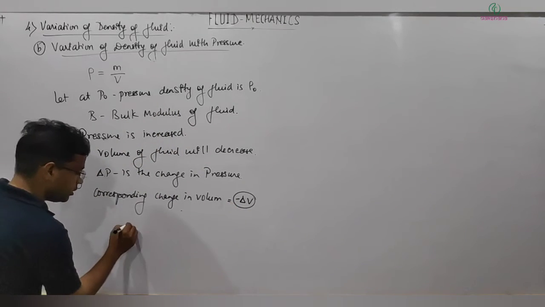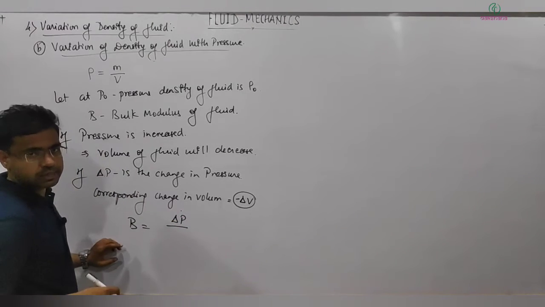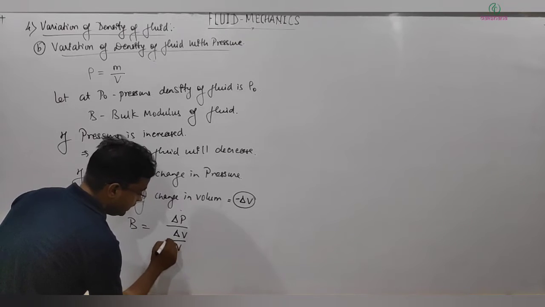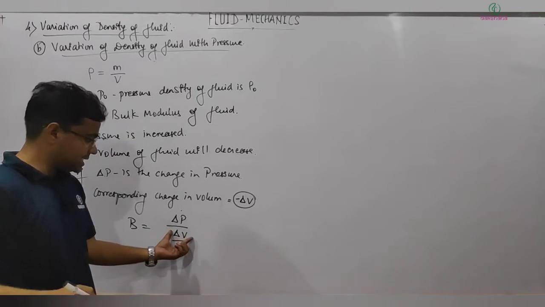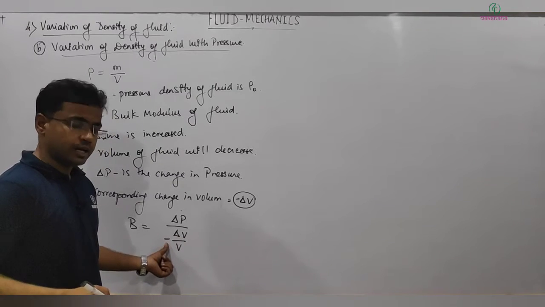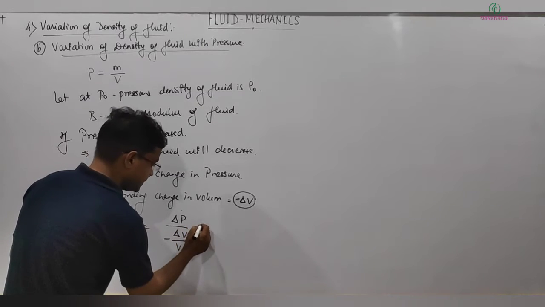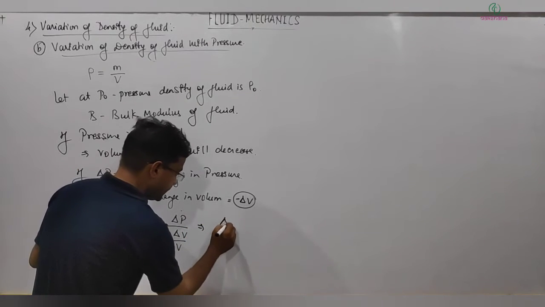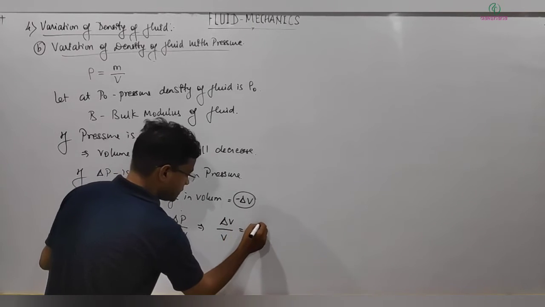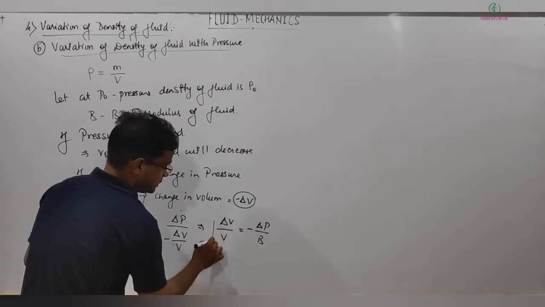Now from the relation of bulk modulus, B is equal to delta P, that is the bulk stress, divided by the strain, minus delta V by V. Because delta V is negative, to make this quantity positive I have multiplied with one more negative sign. So this implies delta V by V is equal to minus delta P by B.